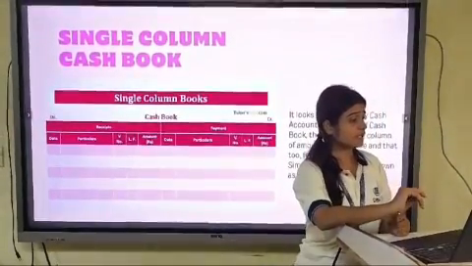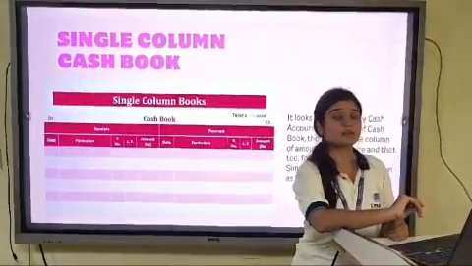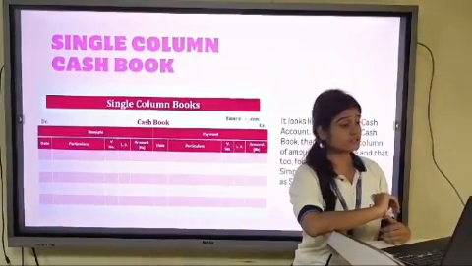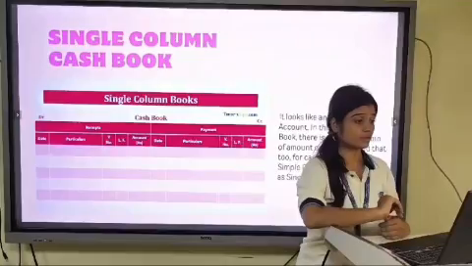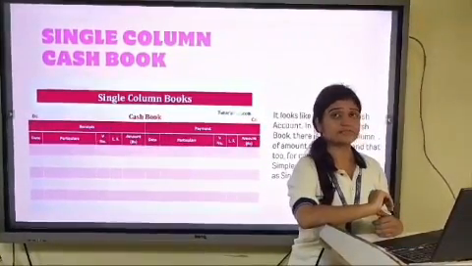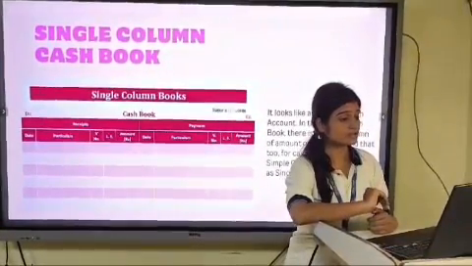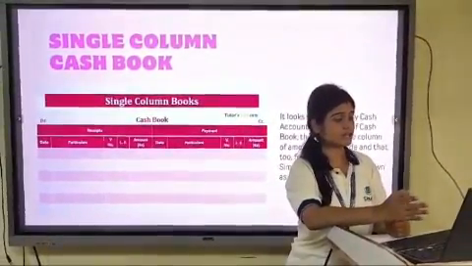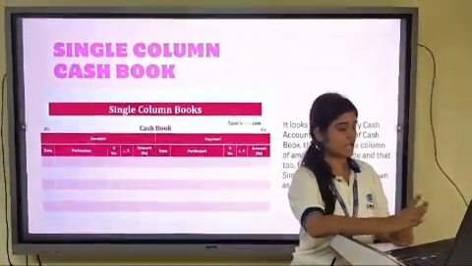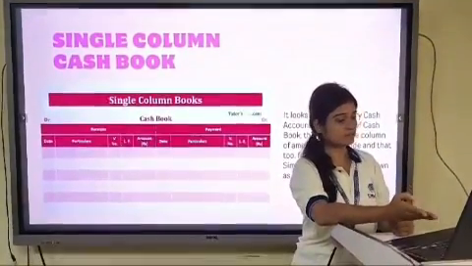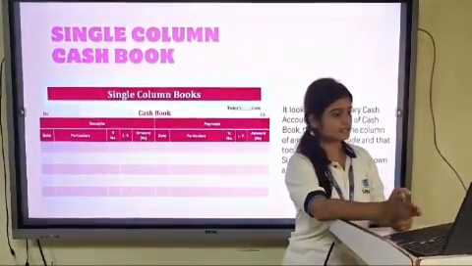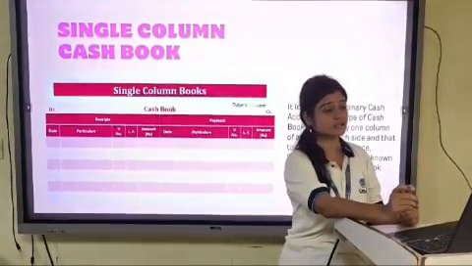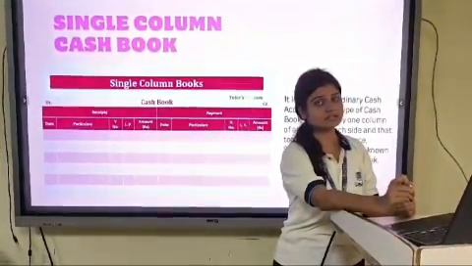The first column is date, second is particulars, third is the voucher number, in which the serial number of the voucher received by the firm is recorded, fourth is LF, which means ledger folio, and last is the amount, in which the amount of the transaction is recorded. The same columns are repeated on the credit side: date, particulars, voucher number, ledger folio, and amount.